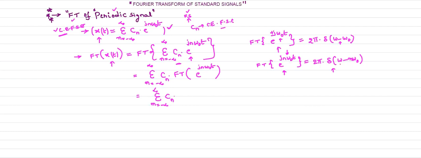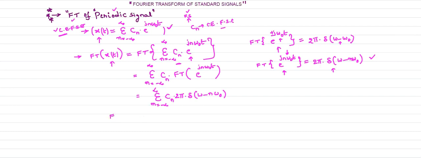Therefore you need to subtract this n times omega naught from omega. So this is your formula for the Fourier transform of the complex exponential signal. You just substitute this formula in this equation, so that you can get 2 pi times delta of omega minus n times omega naught. I am just rearranging this equation.